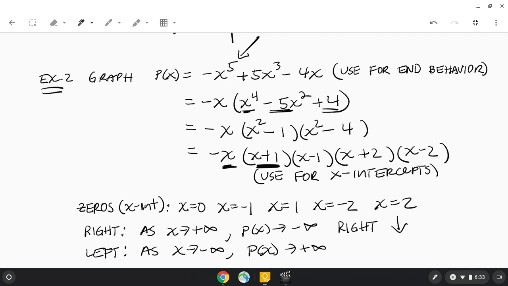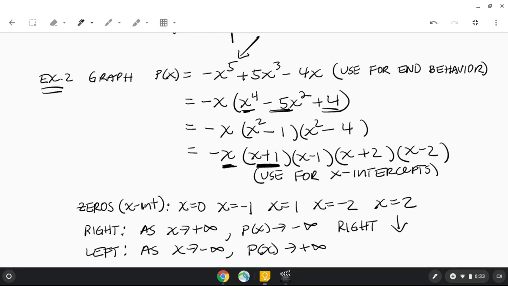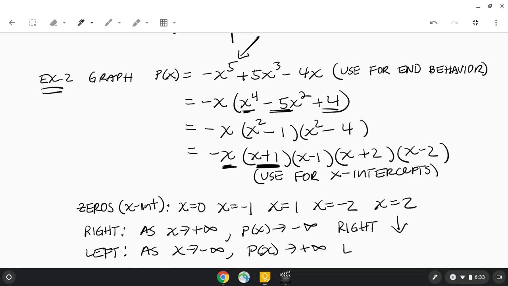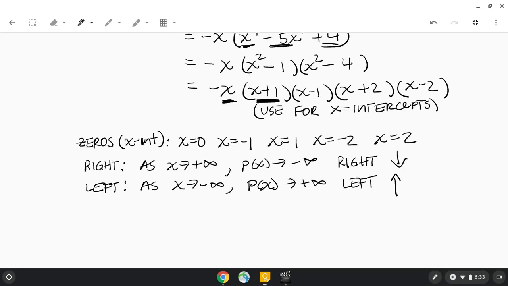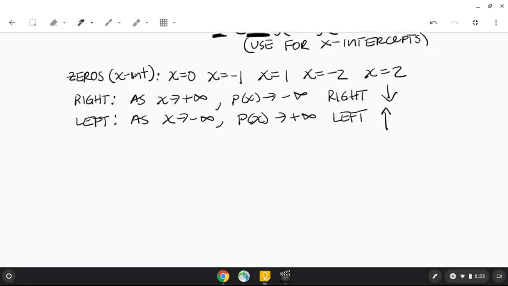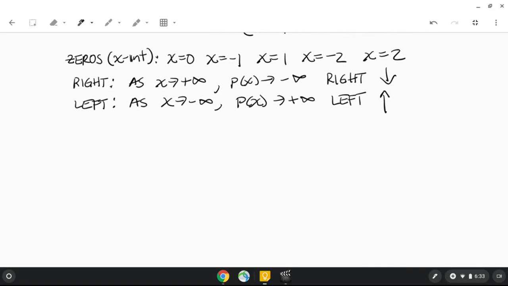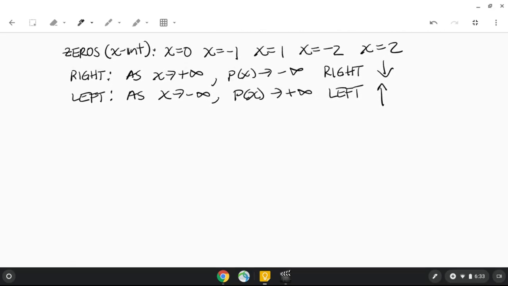Okay, so on the left-hand side, our graph should be going upward. Okay, all right, so with these 3 lines of information here, I should be able to draw the graph of this degree 5 polynomial. Do you see how we are getting into more complex polynomials instead of just the quadratic, the parabola?